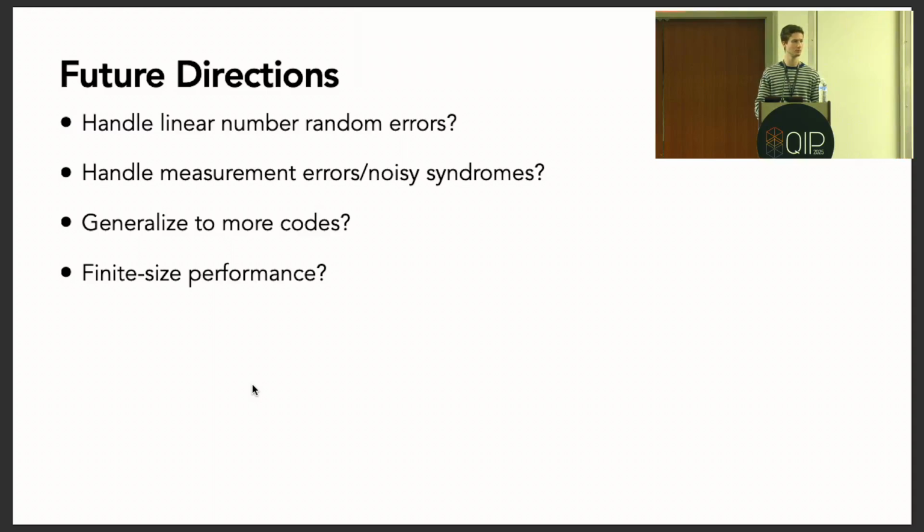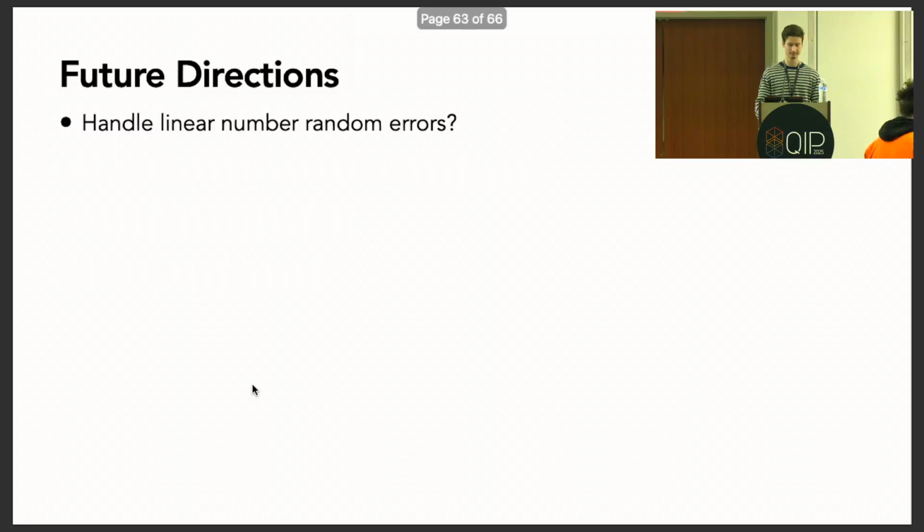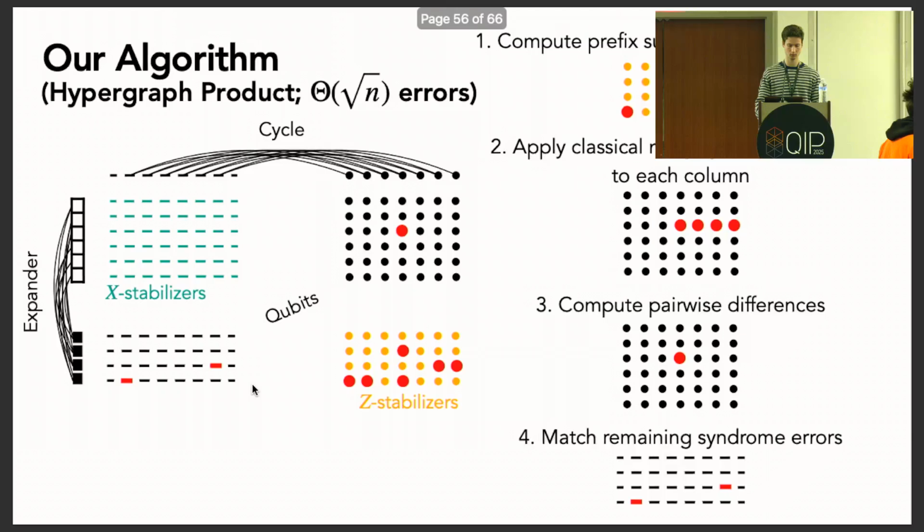Hi, nice talk. Could you go to the slide with the decoding stuff, prefix sums? Yeah, so here, in the top right block, if I have 2 errors that are right next to each other, then don't I get 2 pairs of z-stabilizer errors, which then looks exactly like I had 2 errors on the lower left block? Yes.